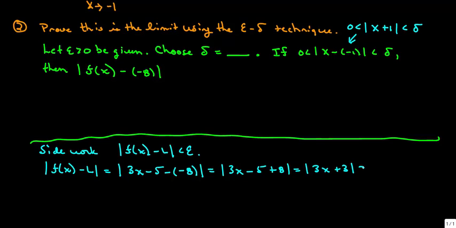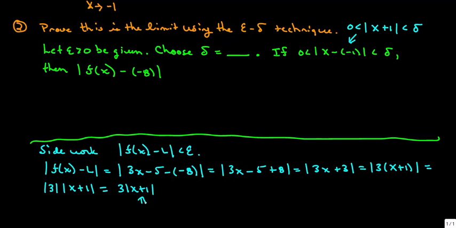Now we're going to factor, and we're going to get that. Notice how this is looking really close to this. So let's keep working. This is the absolute value of 3 times the absolute value of x plus 1, which is 3 times the absolute value of x plus 1. Now, the absolute value of x plus 1 is less than delta.